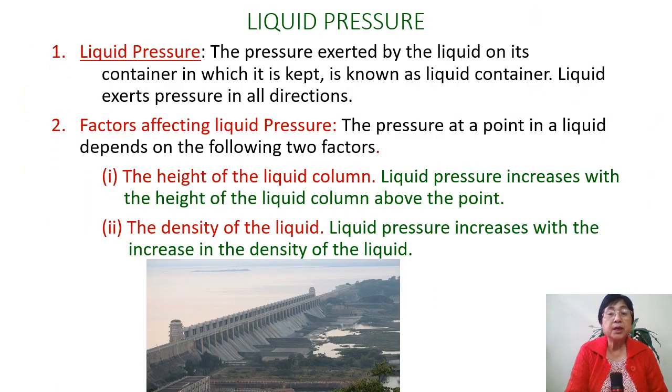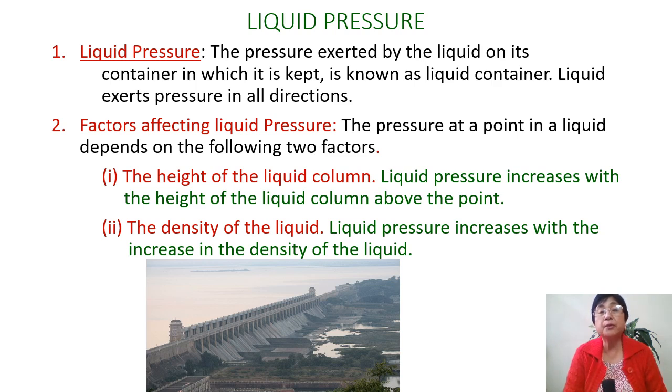Then we go to liquid pressure. What is liquid pressure? Liquid also has pressure just like solids and gases. So the pressure exerted by the liquid in its container in which it is kept is known as liquid pressure.